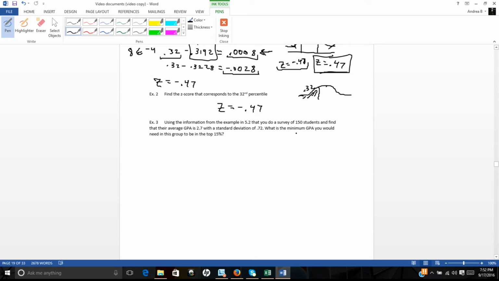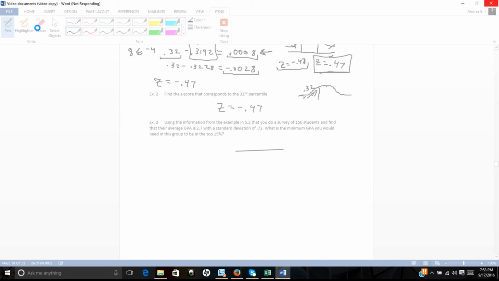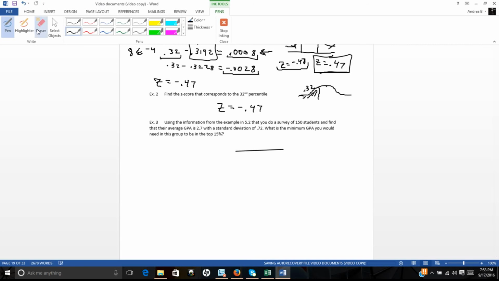And we want to figure out this time what the minimum GPA you would need in this group to be in the top 15%. So the top 15%, if we're thinking of it here in terms of our normal distribution curve, what we're going to have there is 0.15 to the right of our value there.